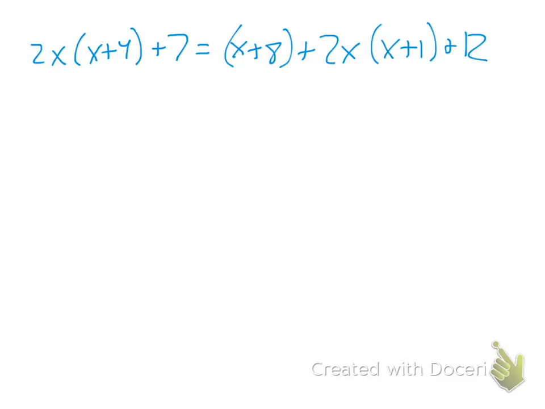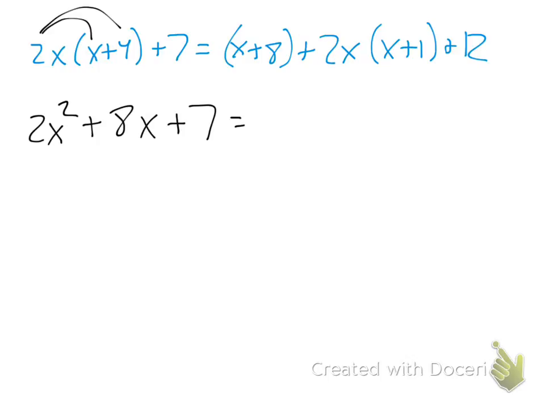So what I look at here is working from left to right. I am going to rainbow in or distribute everything that's outside, trying to get rid of parentheses. So the first group, I multiply 2x times x to get 2x squared. 2x times 4 is 8x plus 7.